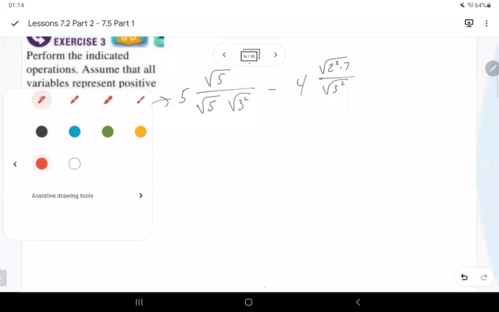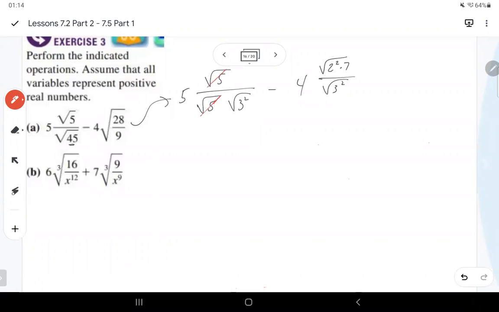So we can cancel here, and then we'll pull out. So this is a 5 on top, 3 on the bottom, minus 4 times 2 square root of 7. Right, and then we'll just finalize that to be 5 minus 8 square root of 7 all over 3.